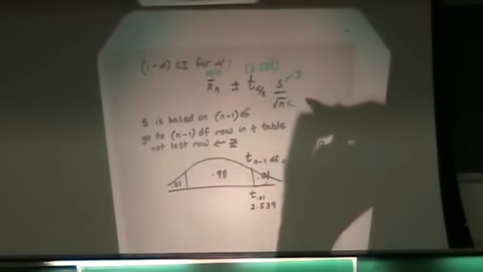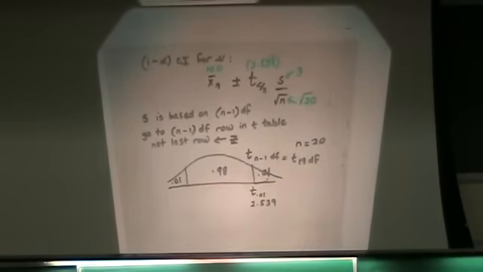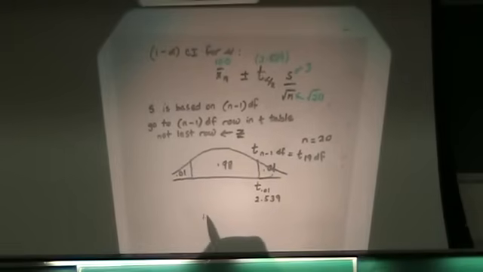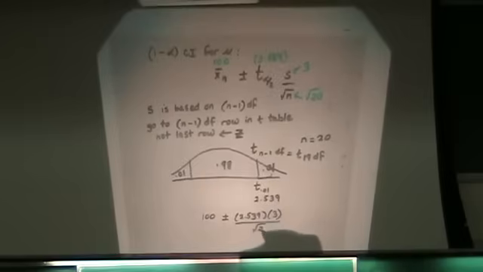And rad n is rad 20 because my sample had 20 in it. All I'm doing is plugging in the numbers that they gave me, right? 100 plus or minus 2.539 times 3 over rad 20.